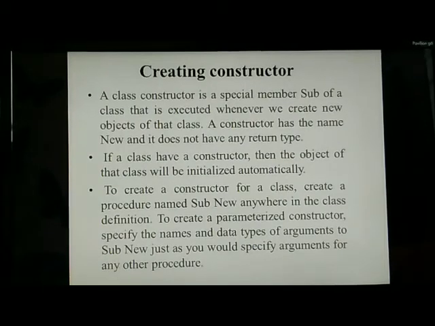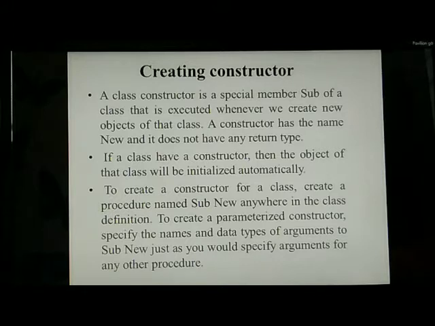So, creating a constructor. A class constructor is a special member sub of a class that is executed whenever we create a new object of that class. It has the name New and it does not have any return type. If a class has a constructor, then the object of that class will be initialized automatically.